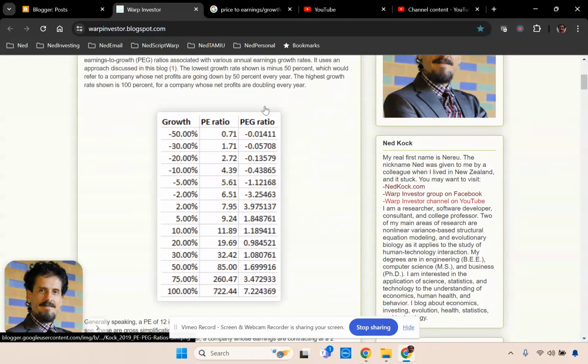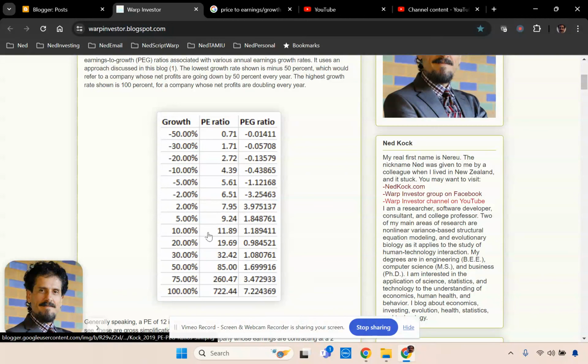This table shows the company growth, which is the expected long-term growth in earnings for the future, the PE ratio of the company, and the PAG ratio.